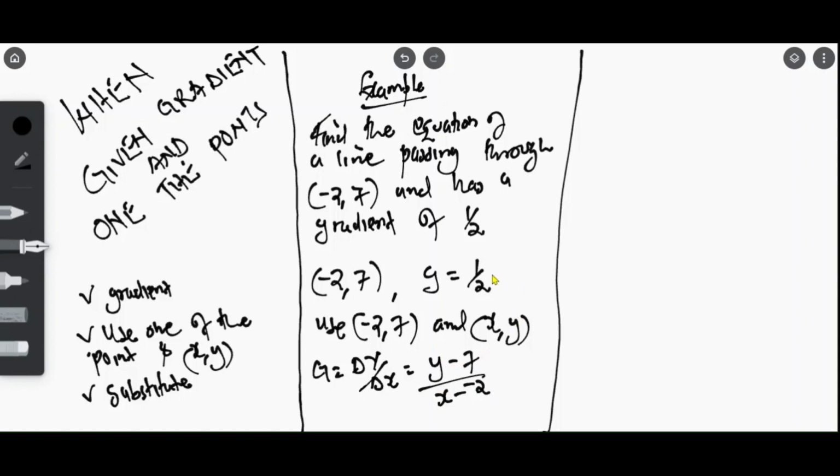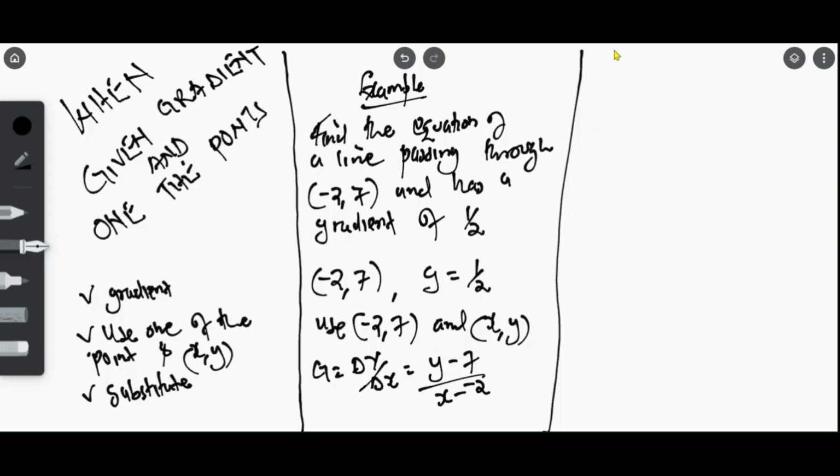Because they have given me the gradient, there is no need to look for it again, so I just use the point I've been given and x, y, and this is what I will have.